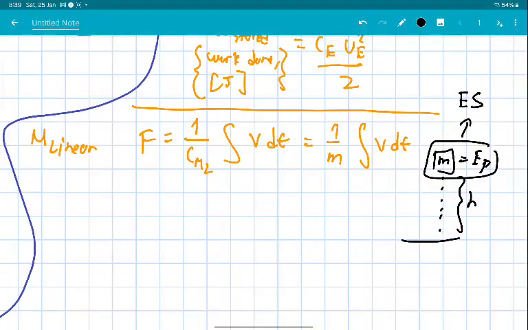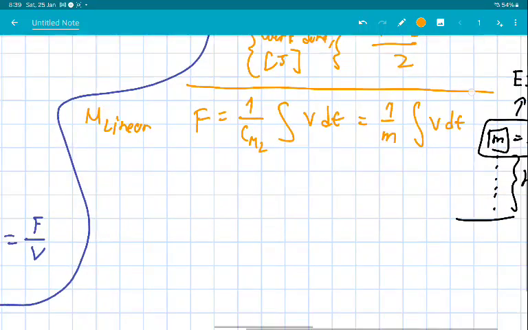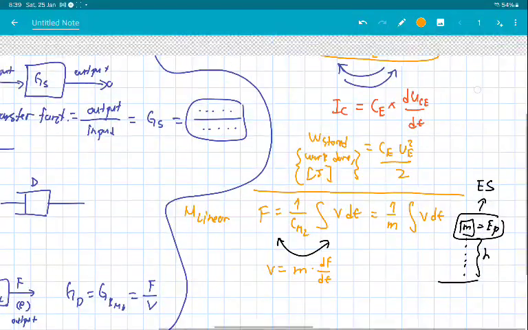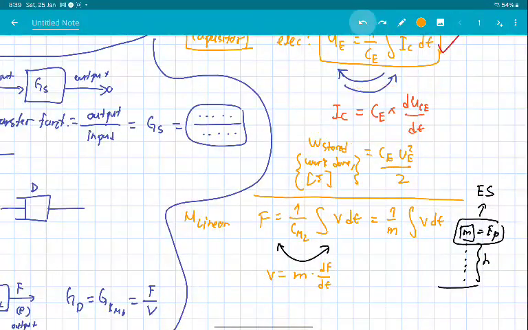That is how you can keep that in mind. When we rearrange this formula, we get V is equal to m multiplied by df over dt. You can see in general it's quite similar to exactly what we wrote here.